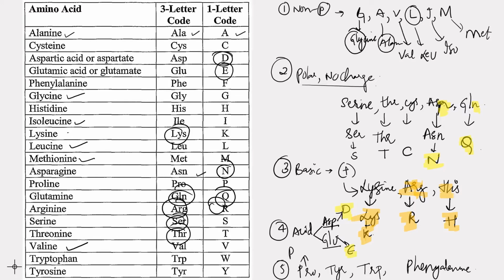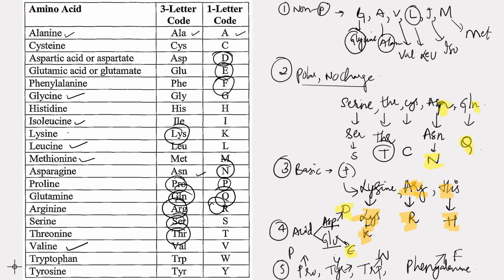Proline is simple, P. Tyrosine is Y, how it is sounding, Y. Tryptophan is given another letter, that is W, because we have already given T for threonine. We have given Y for tyrosine, and tryptophan is W. And phenylalanine is given F, how it is sounding, F.